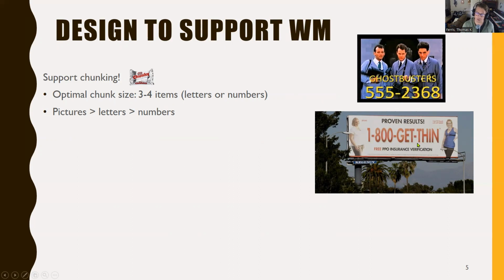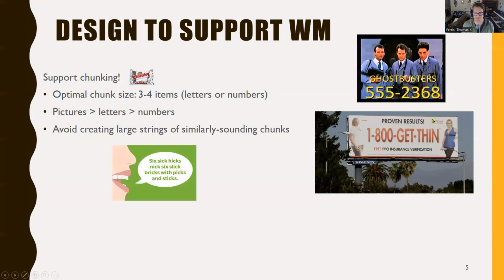So not only am I associating this concept of, hey, call this number with images that are associated with what could happen if I call that number, I am taking advantage of essentially chunking principles to take otherwise a random string of digits, or apparently random, and it's much easier to remember this way. 1-800-GET-THIN is much easier to remember than 1-800-783-5947 or whatever. All right.